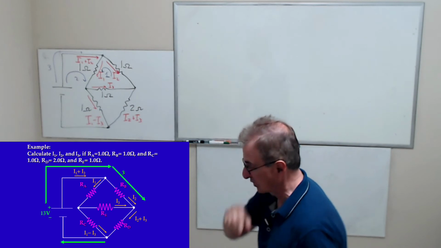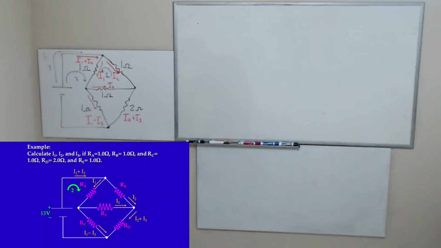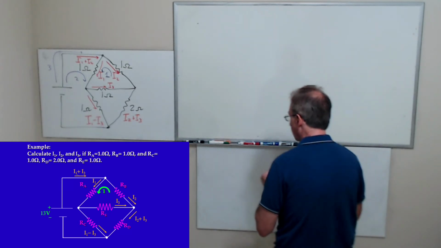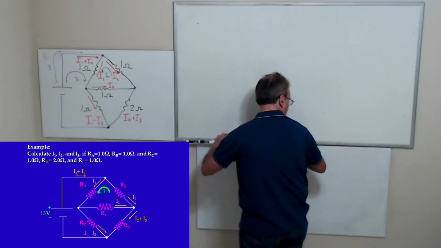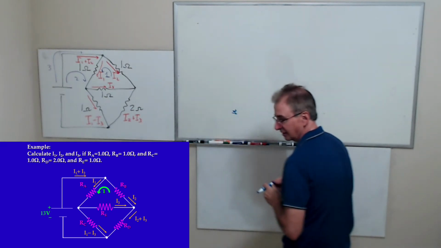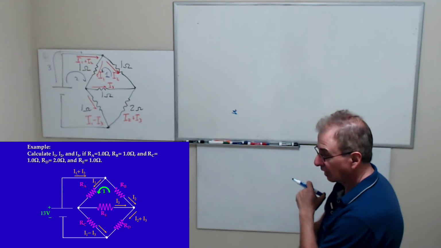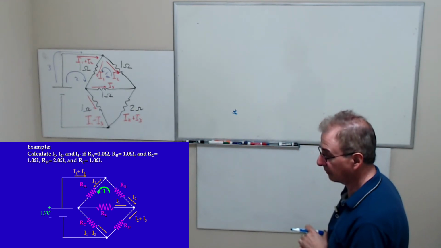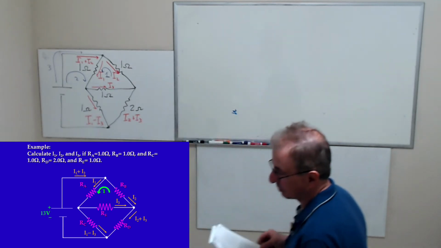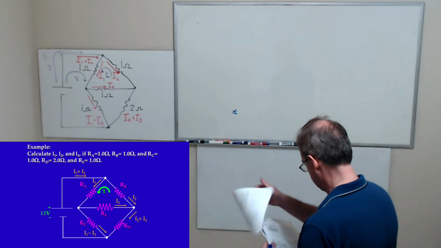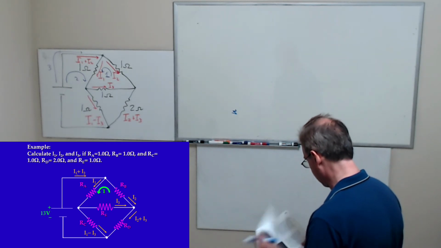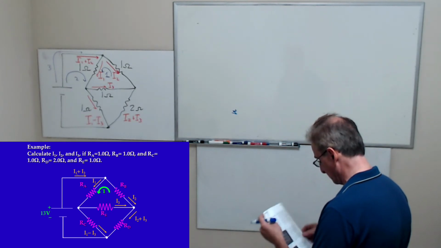So, let's look at the first loop. I'm going to use my blue because my blue looks the best. Yeah, the blue comes out clear, I think. So I'm going to choose that first loop. I'm going to go counterclockwise just to be different, because it doesn't matter whether you go clockwise or counterclockwise, and I want to make sure I start from the same point as compared to my notes.